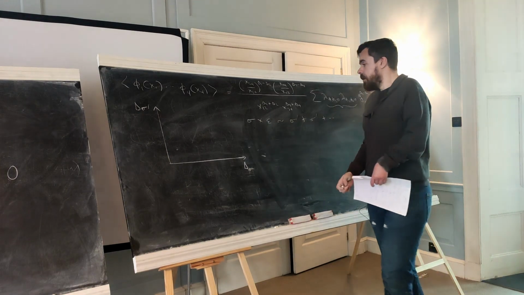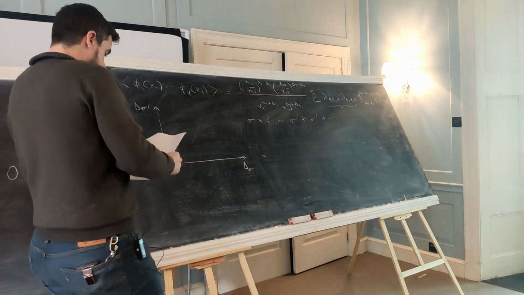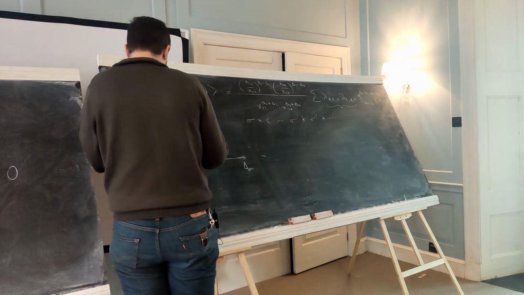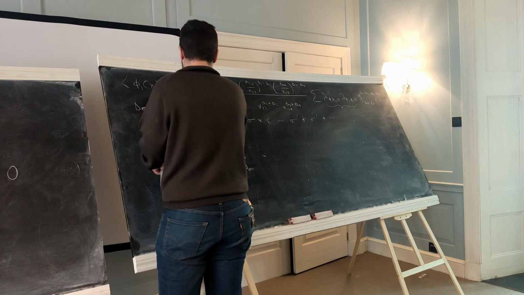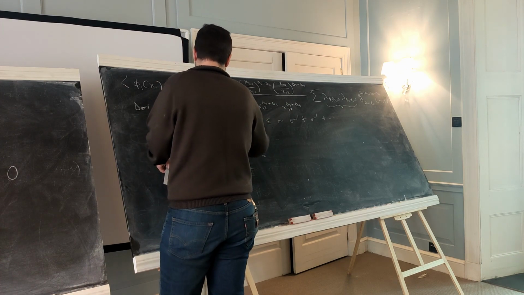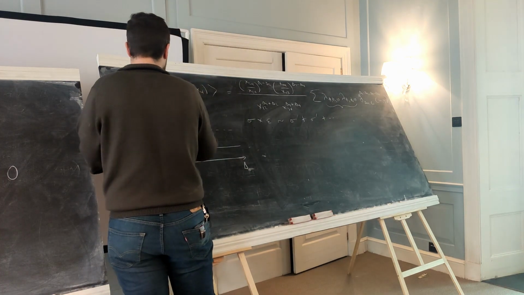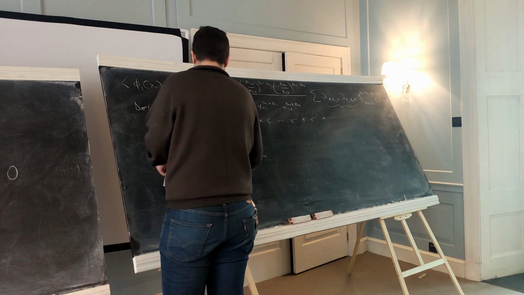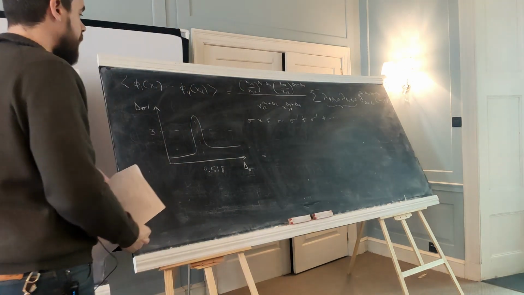Okay? But I'm looking at the dimension of sigma prime as a function of the dimension of sigma, and the plot looks like this. Where this is 3, and this is again that 0.518.